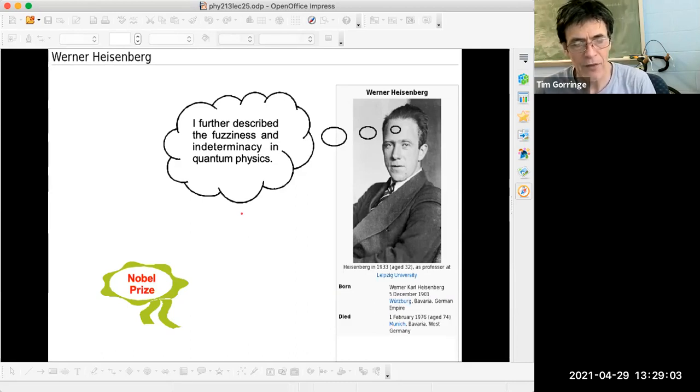It's a feature of the quantum world that is absent in the classical world. It's an indeterminacy, a fuzziness of the quantum world that is not in the classical mechanical world. And Heisenberg got a Nobel Prize for this.